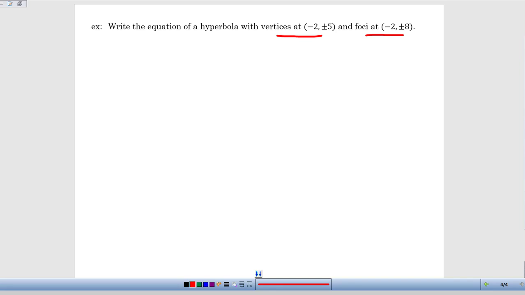So the first thing I'm going to do is plot this information to see if I can get a sense as to which way this hyperbola is oriented, and then we can start to find the values of a, b, and c, and the location of the center, to piece together the equation.